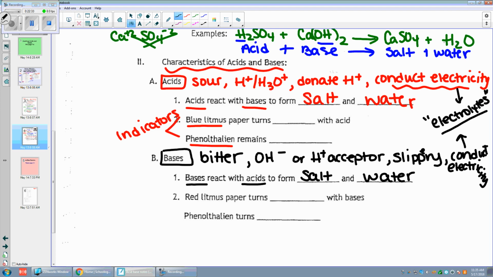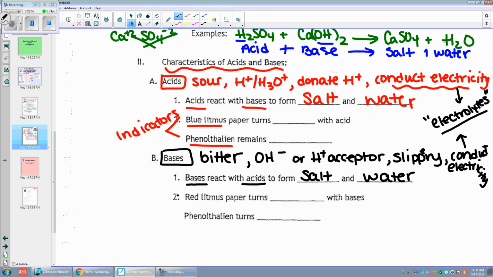Most people think of Gatorade when they think of it. Gatorade or those power drinks, those have electrolytes in them. They are replenishing the ions that you actually lose when you sweat. That's why you drink them when you play sports. Or maybe you just drink them because they taste good. But either way, they conduct electricity in your body.